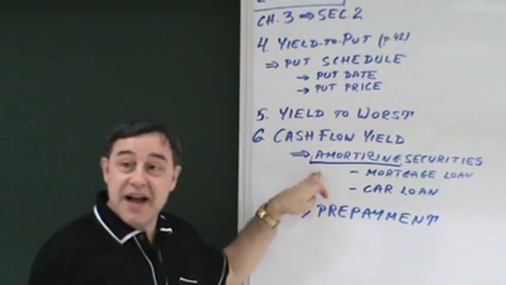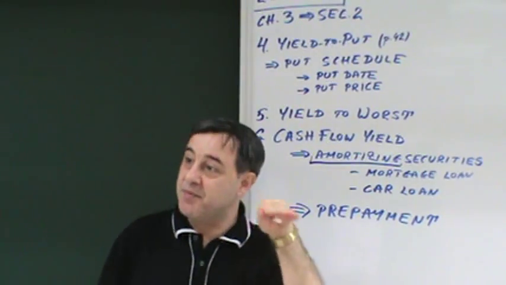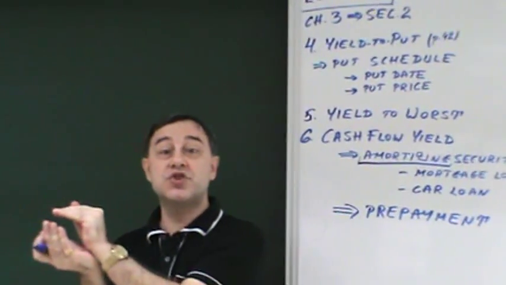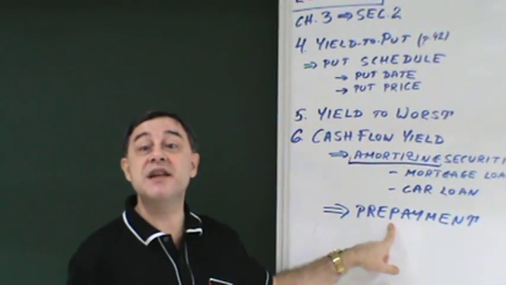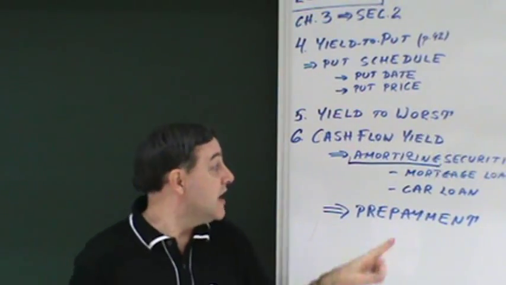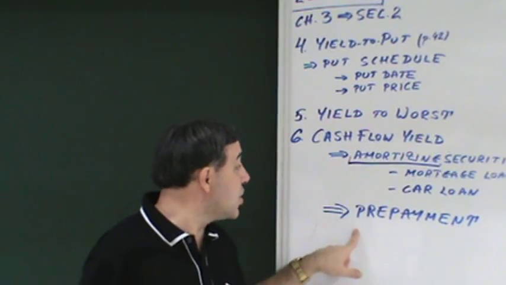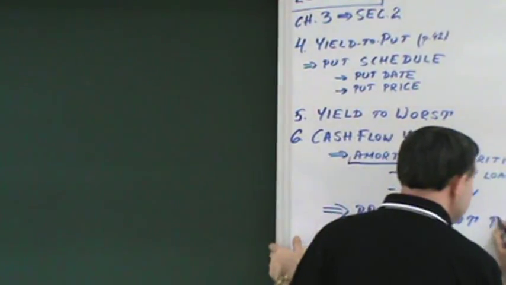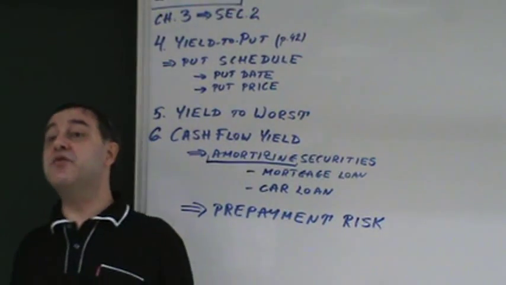In amortizing securities, you have a schedule of payments, a payment date and a payment amount, and the payment amount includes interest and principal. Prepayment means that they're paying more than the scheduled amount, and therefore they're prepaying part of the principal. So these suffer especially from prepayment risk. Let me give you a good example.